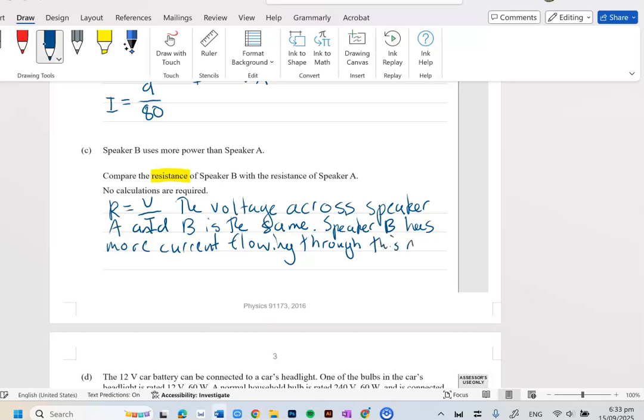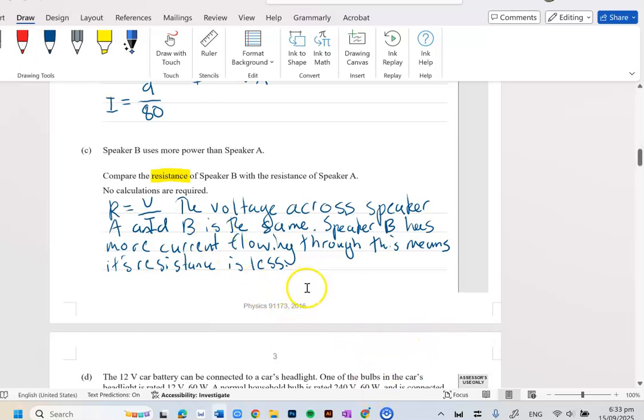This means its resistance is less. Alright, that's it. That's all we need. No calculation required.